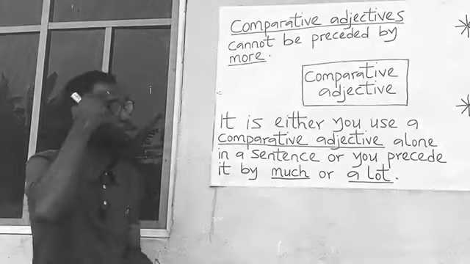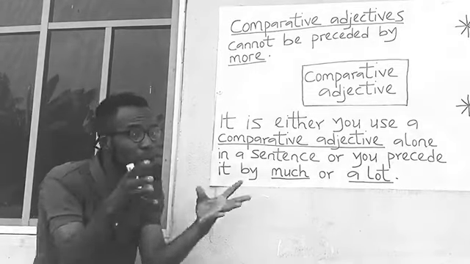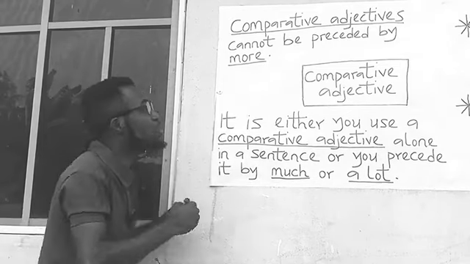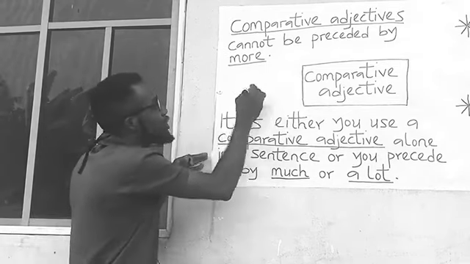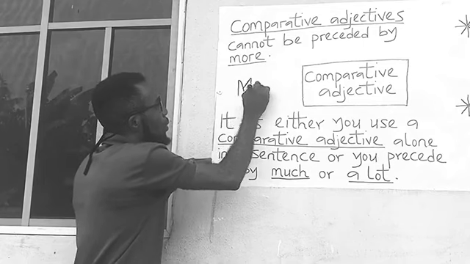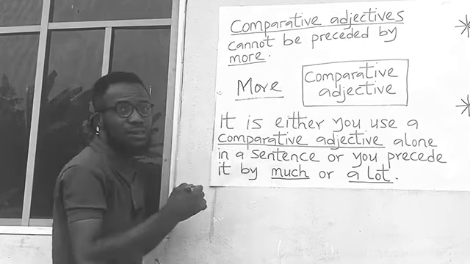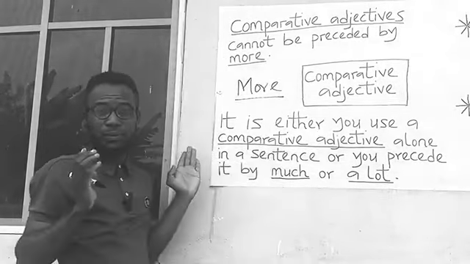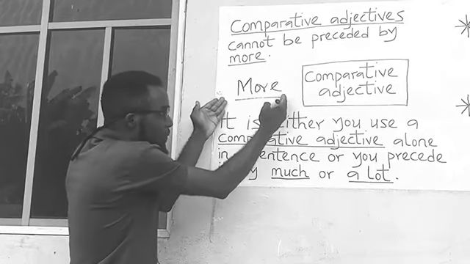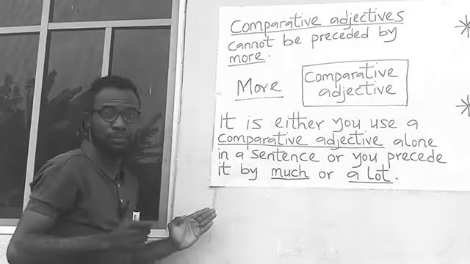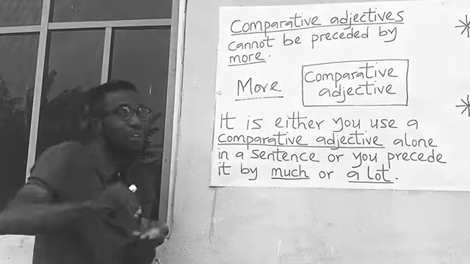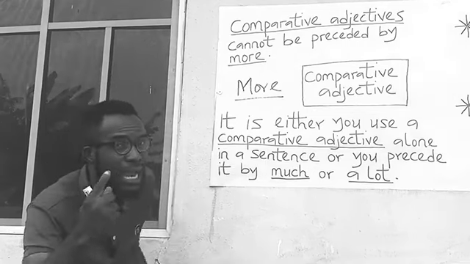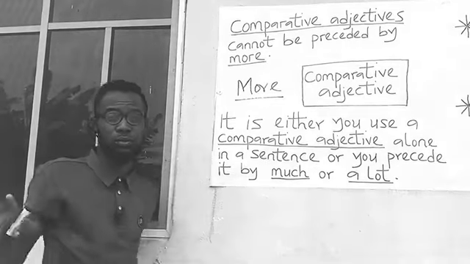Let me break it down. You cannot precede a comparative adjective by more. That is, you cannot use more and a comparative adjective together. The reason is that more is comparative in nature, and using it with a comparative adjective results in a tautology.